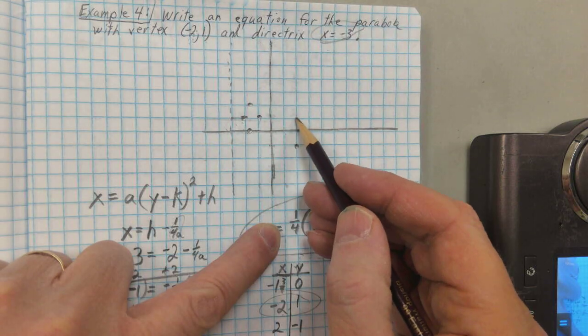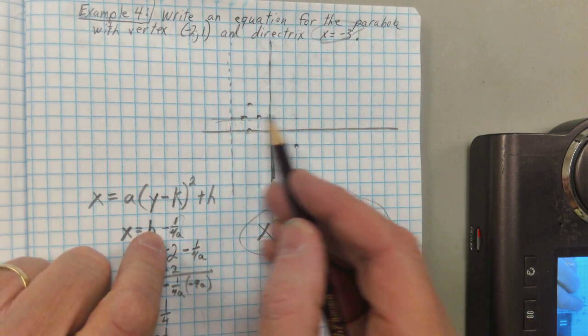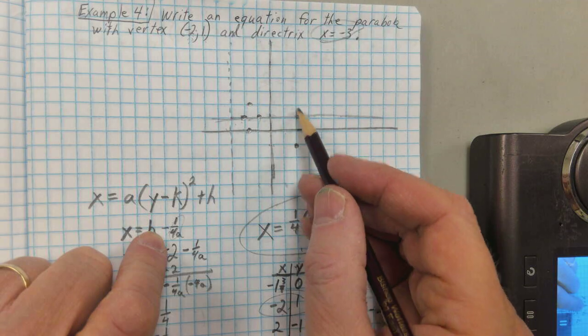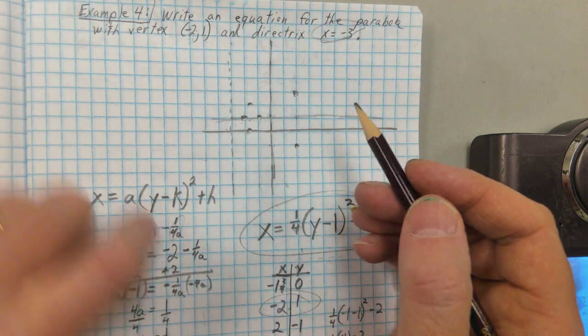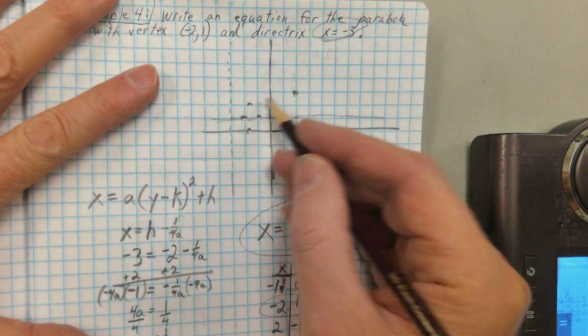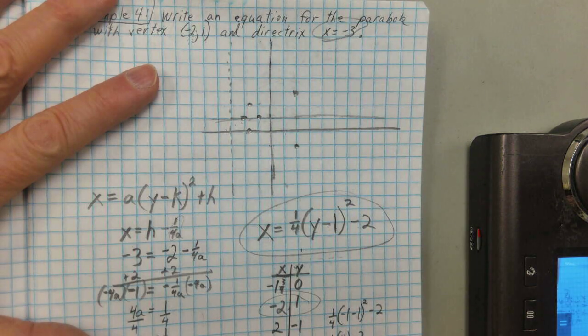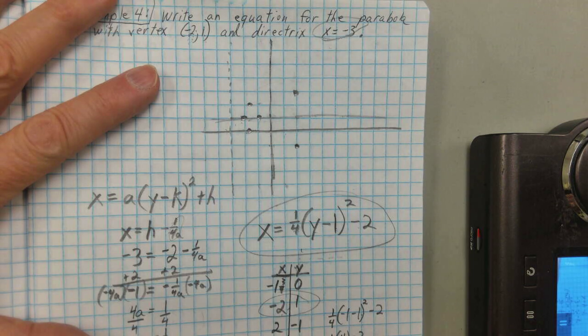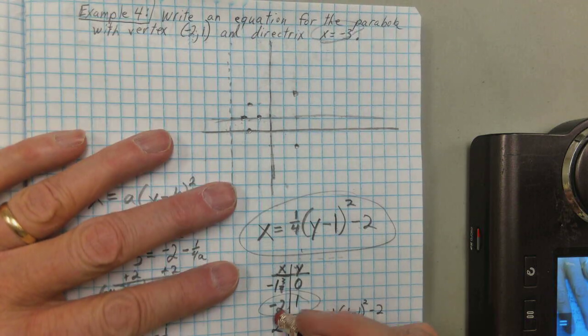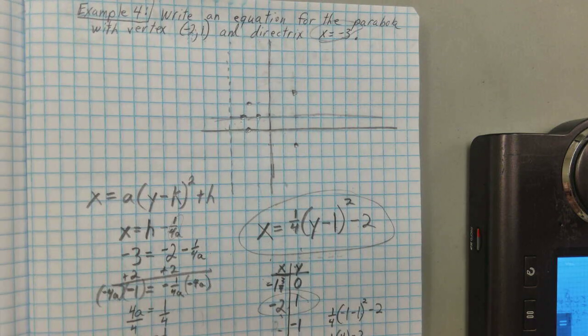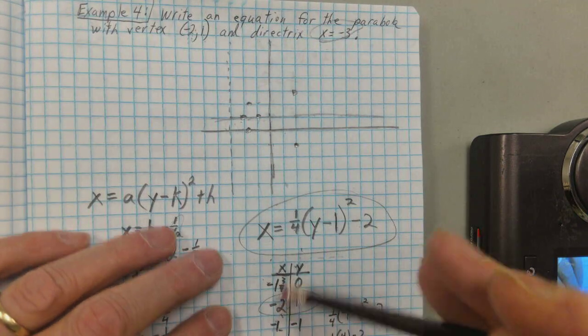And then right here is my axis of symmetry. So I'm going to go 2 units on that side of the axis of symmetry. Okay, 1/4 times 4 is 1. 1 minus 2 is negative 1. Good golly. All right.